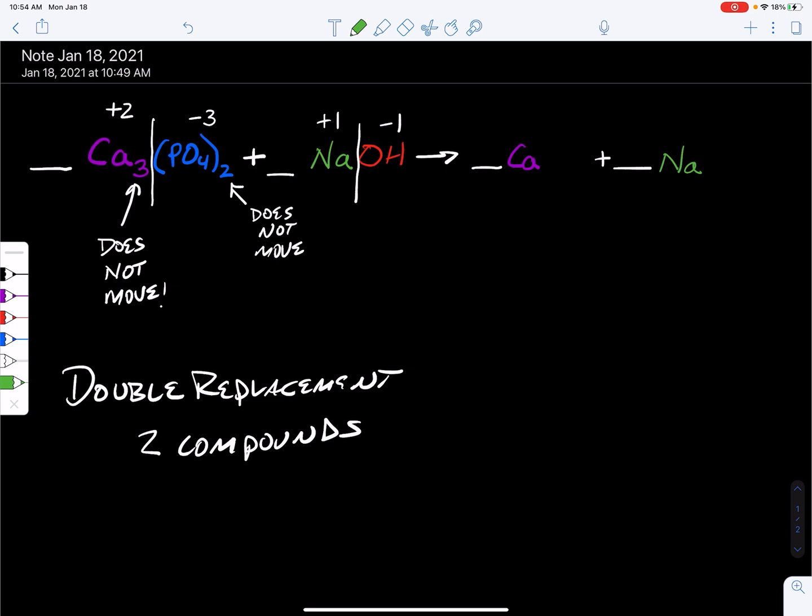At this point, I'm going to trade the anions. So my hydroxide is going to go with my calcium. My phosphate is going to go with my sodium. So I'm going to go ahead and rewrite those over here on the product side.